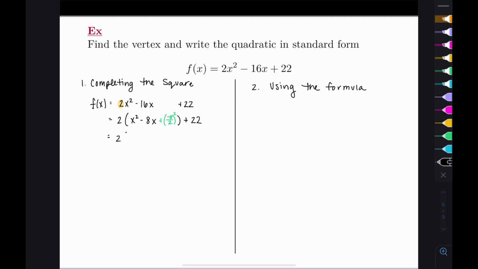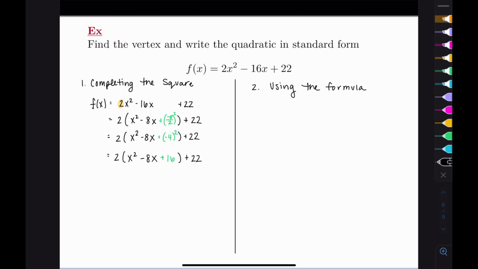And I've got a balance, but first let's see what number we actually added in here. So this would be negative 4 squared, which really means we need to add 16 inside of here. Okay.